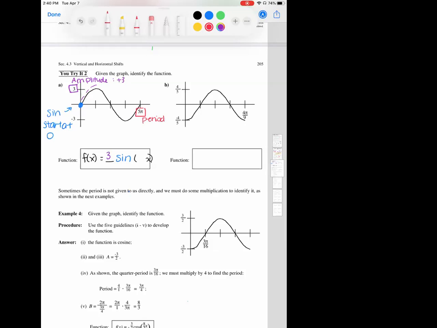So I must take that and divide it by 2 pi so I can know our B value. So I take 2 pi divided by 5 pi. My pi's divide out. I'm left with 2 over 5. So we have 2 over 5. And that's our answer. So our function is f of x is equal to 3 sine of 2 over 5x.